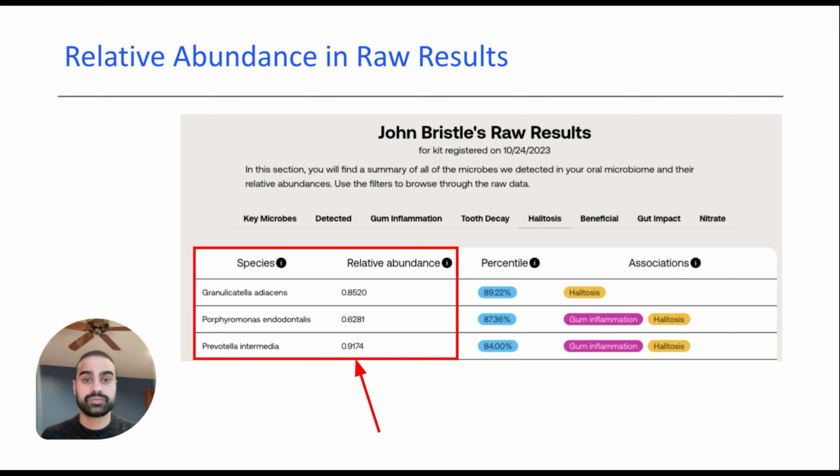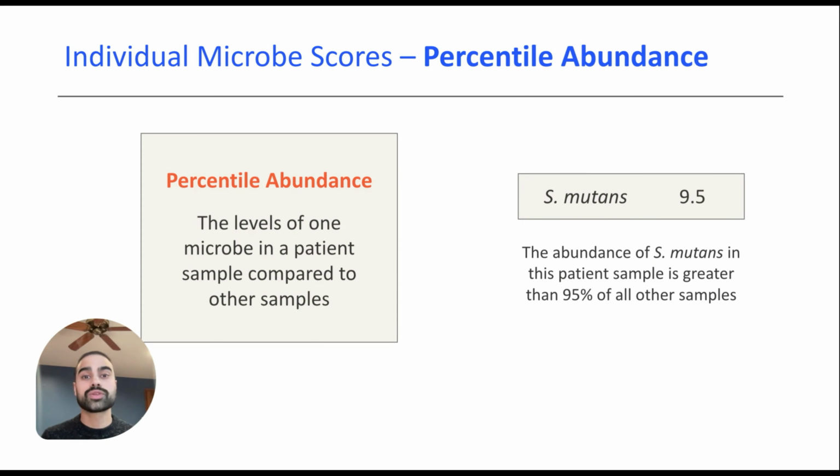To account for this, the relative abundance of each species is normalized on a scale of 1 to 10, and it's reflected as a percentile abundance. The percentile abundance represents the relative amount of a microbe in a given patient's sample compared to all other samples.